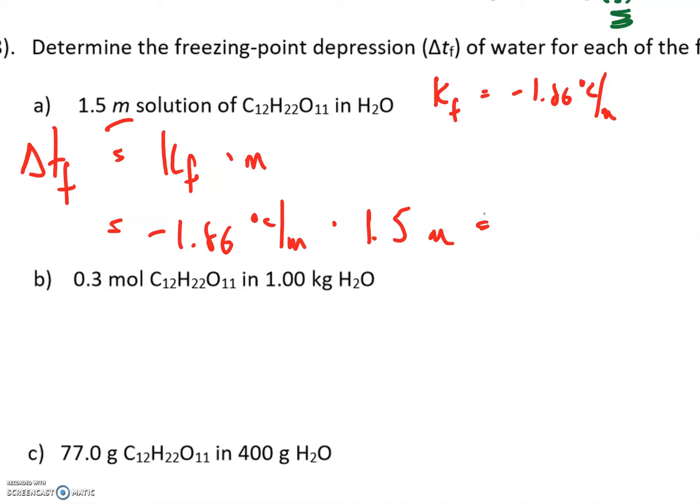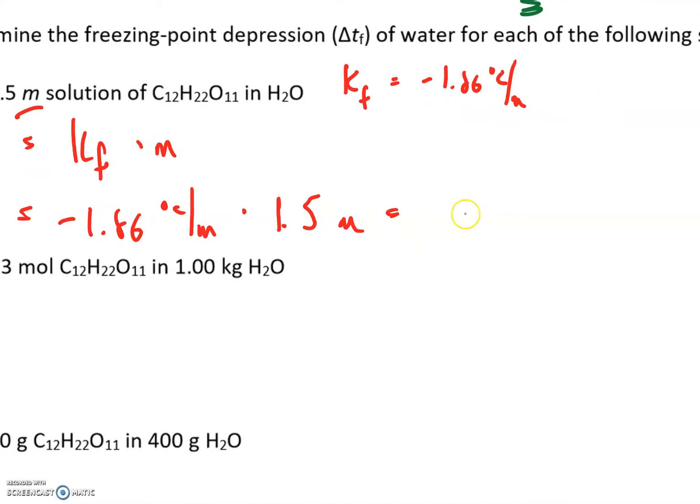We're simply going to bust out our calculator, make sure you have one. And we're going to take negative 1.86 times 1.5. You get negative 2.79 degrees Celsius, because the molality cancels.